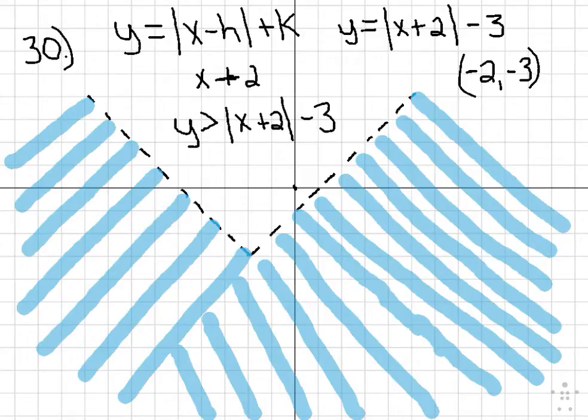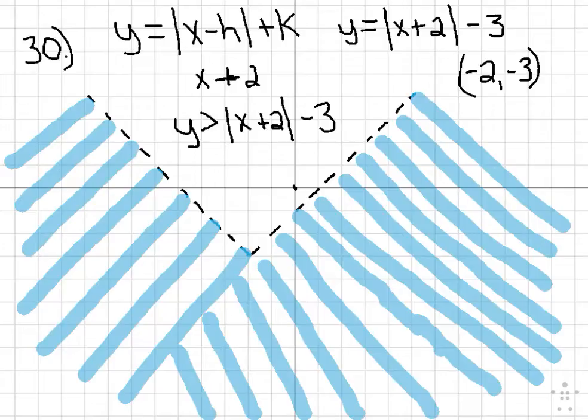So 0 plus 2 is 2, the absolute value of 2 is 2, and then 2 minus 3 is negative 1. So is 0 greater than negative 1? Yes, 0 is greater than negative 1.